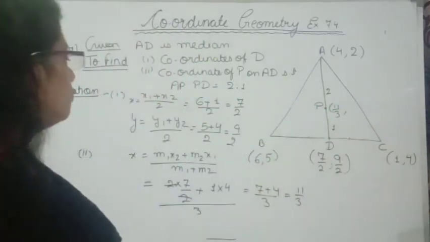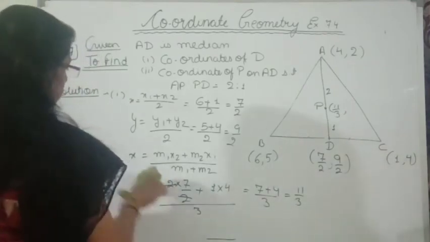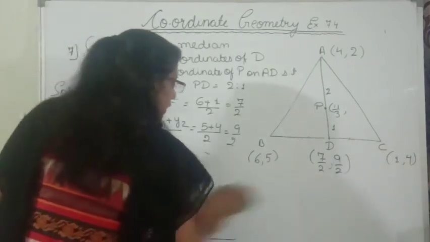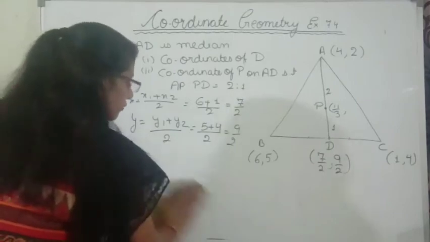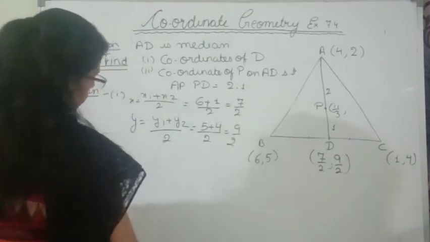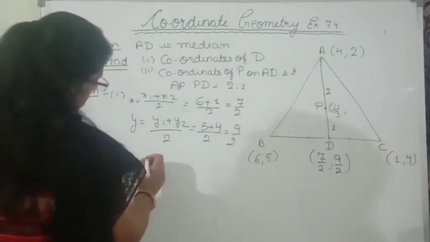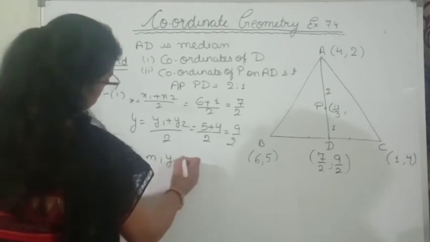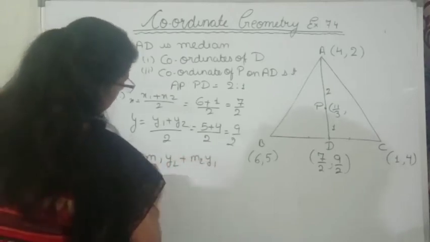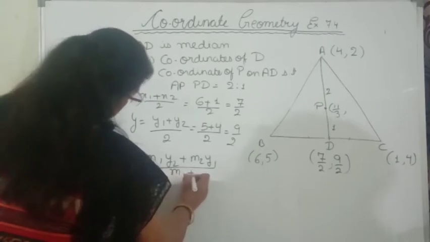Now I want the y coordinate. How will we find it? By the section formula only. The y coordinate is M1 y2 plus M2 y1 divided by M1 plus M2.